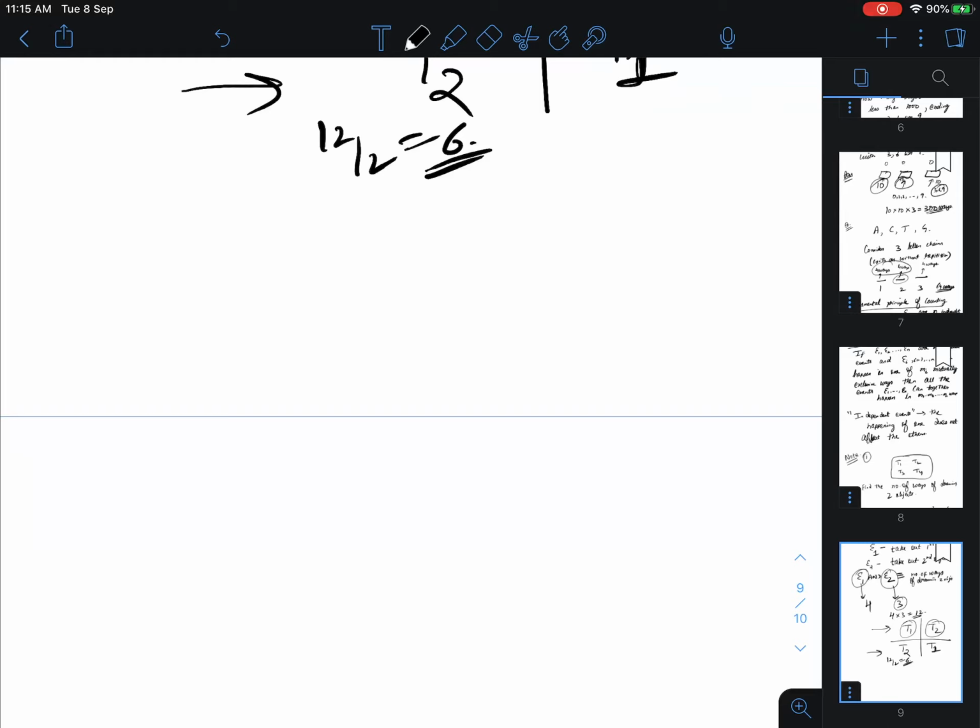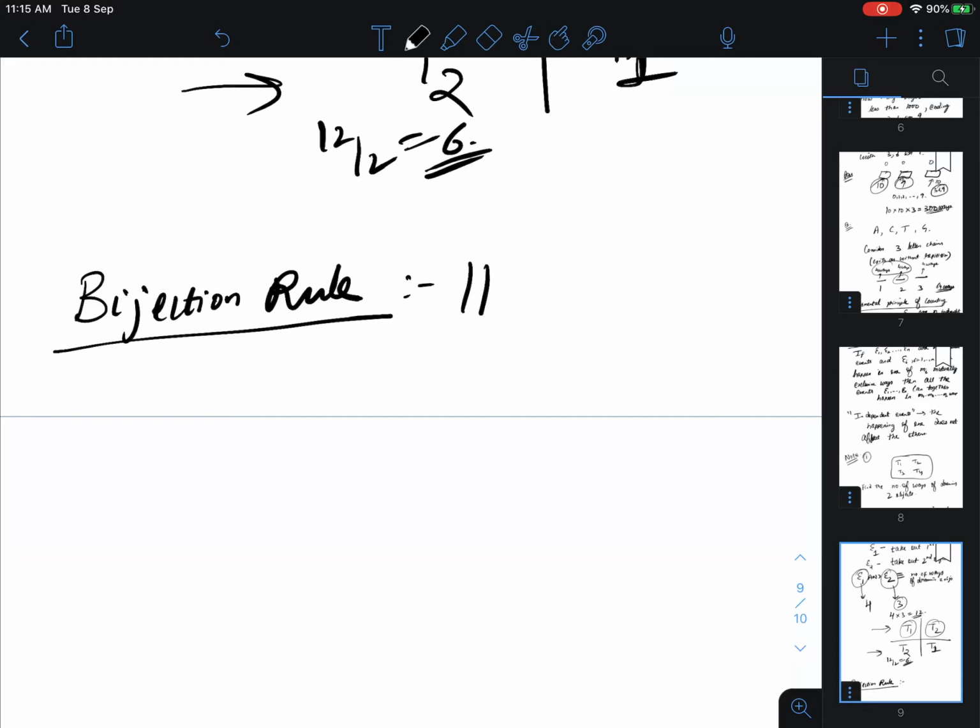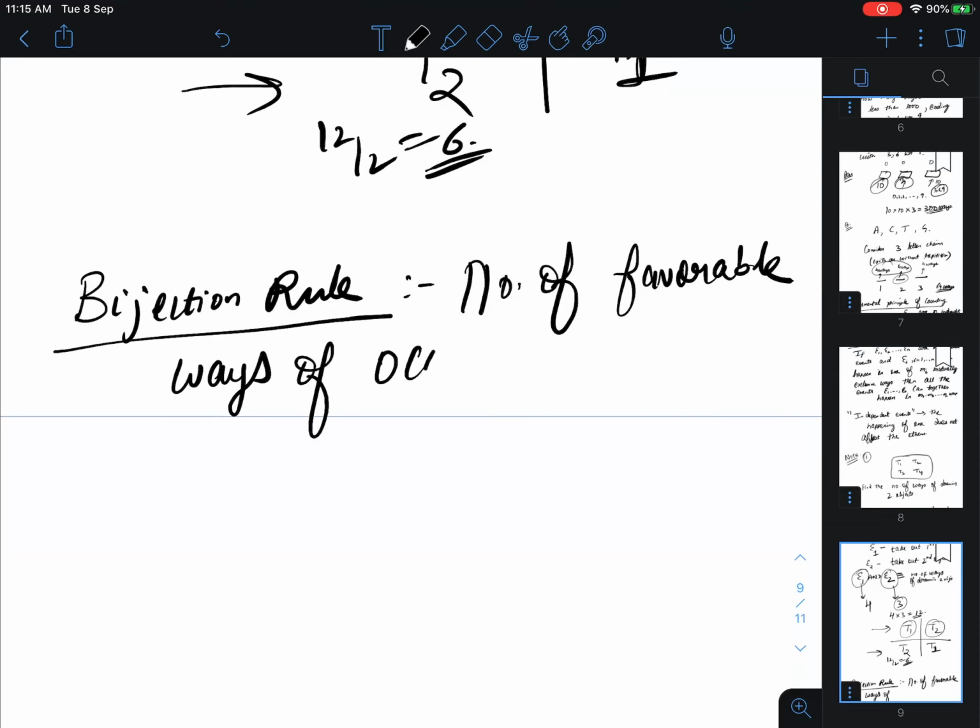Moving on, we have something known as the bijection rule. The bijection rule says that the number of favorable ways of occurrence of an event... This is nothing, this is just pure common sense, nothing else.